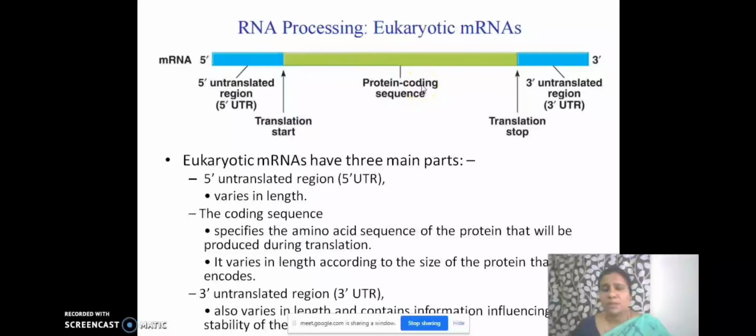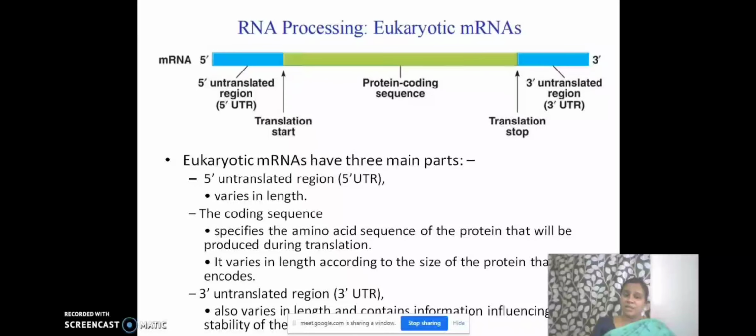How do we identify the starting and end region of the protein coding region? So you may also ask why it is not from the first base pair itself. See, in case of replication, the DNA is synthesized right from the first base pair till the last base pair.